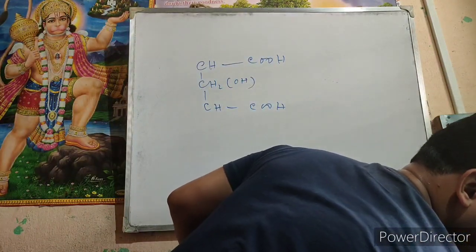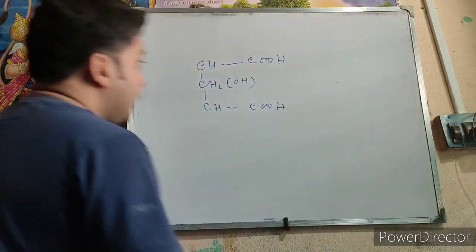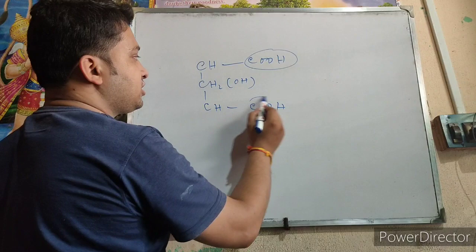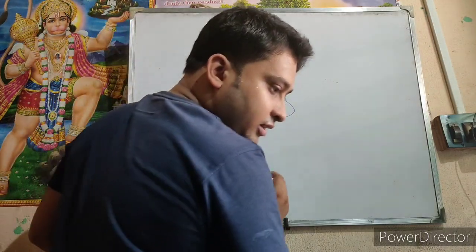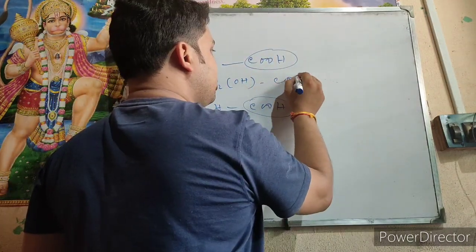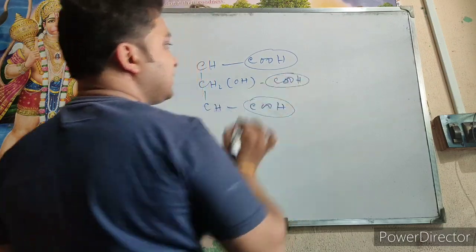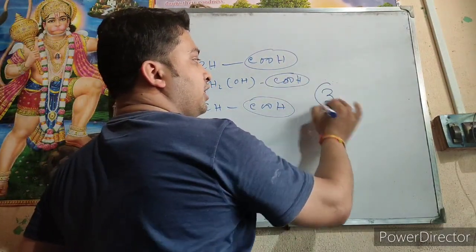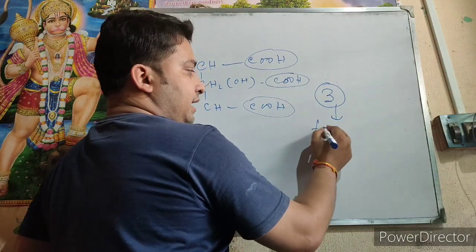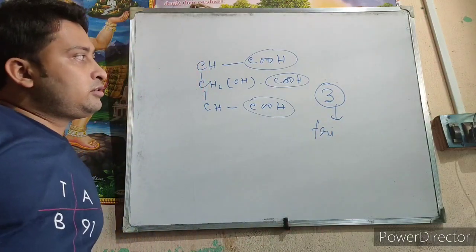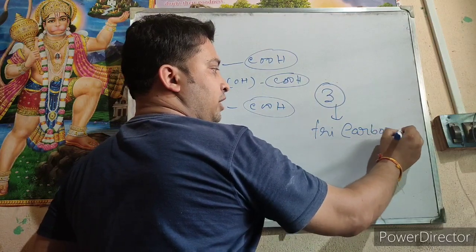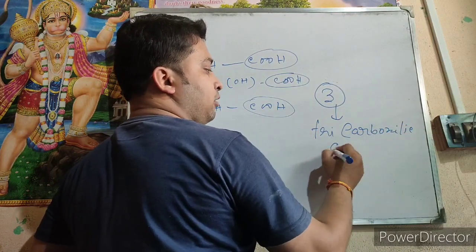As the number of this carboxylic group, COOH, and you should write another COOH from here, COOH. So as the number of COOH equal to 3, so this is also a tricarboxylic compound.